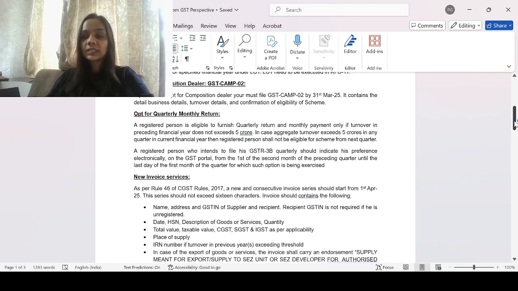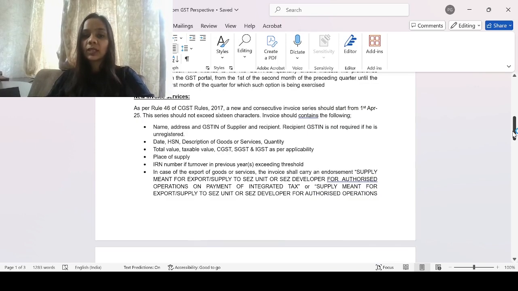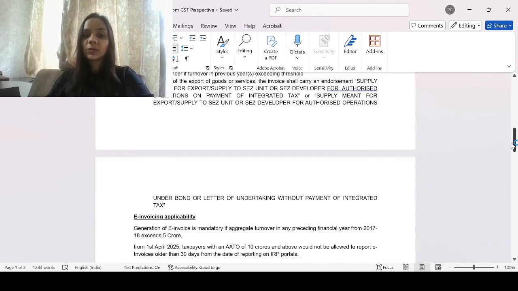If turnover has exceeded 5 crore in any financial year from 2017-18, then it is mandated to mention the IRN number on the invoices. In case of exports of goods and services, it is imperative to mention whether the supply is for export, or supply to SEZ with or without payment of IGST, in the invoice header. This is also an important point to keep in mind.